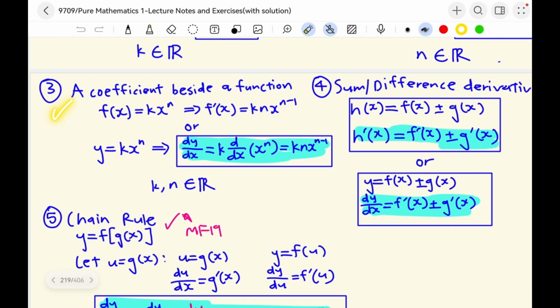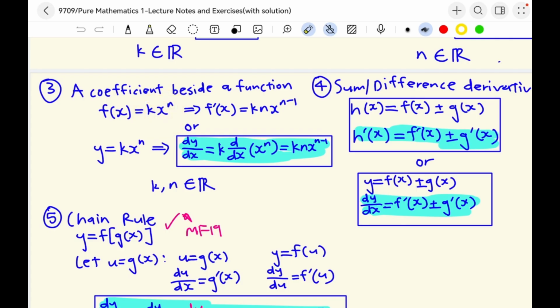Let's see the third point: a coefficient beside the function. Where the given function has x^n but with a constant k beside it, no matter how you differentiate, the constant beside the function must be taken out.